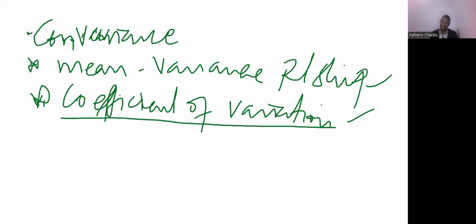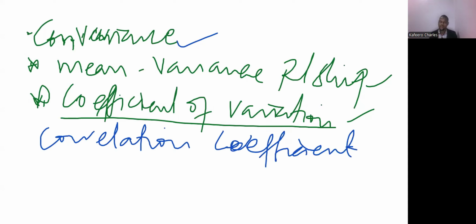But these two, we only use them when the examiner has told us to use them, because these other methods, using covariance or using the correlation coefficient, they give a more realistic figure. It can enable someone to make a reliable decision because of the results that they are providing.